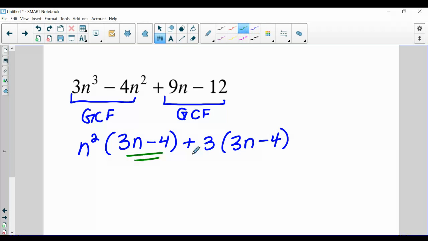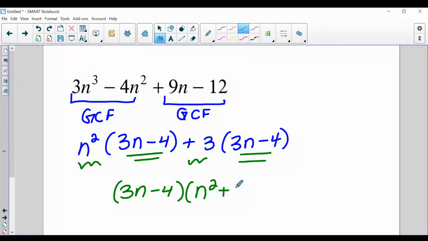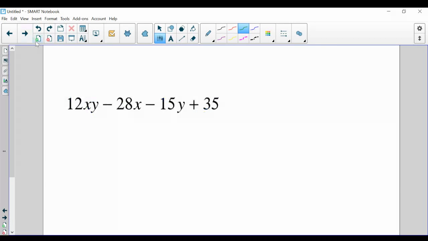In order to continue, these binomials must be the same, so we bring them out. This is our greatest common binomial factor, and we're left with n squared plus 3 in our other set of parentheses. Now we can take the time and FOIL to check, and it should multiply to give you the original problem. Let's do this one more time.